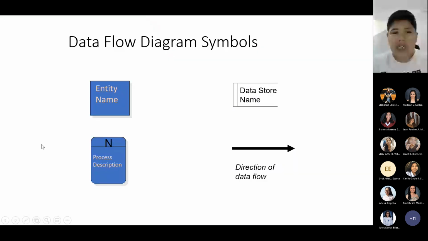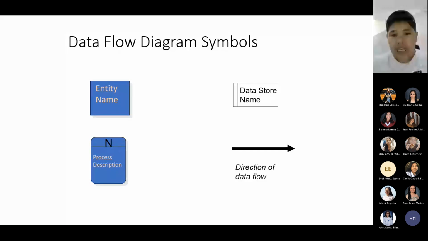So these are the symbols po that you need in a data flow diagram. First po natin dyan is yung tinatawag natin na entity name, yung input source or output destination of data.